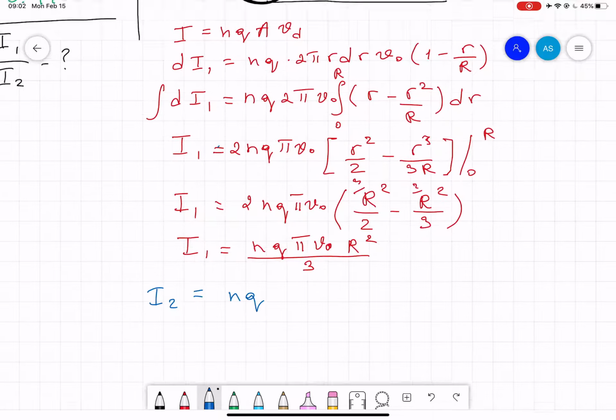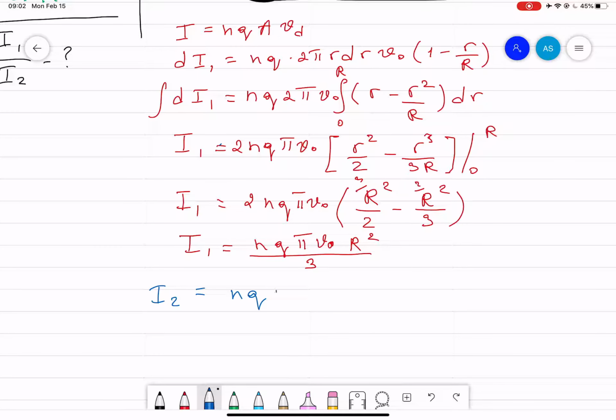So nq area is pi r squared. Then the drift velocity was equal to a certain constant times v0, so we can put here fv0.